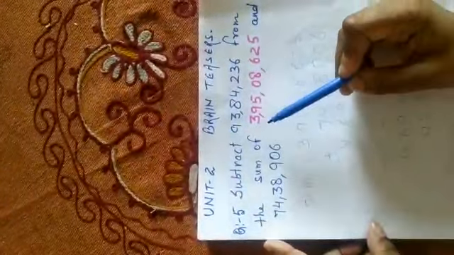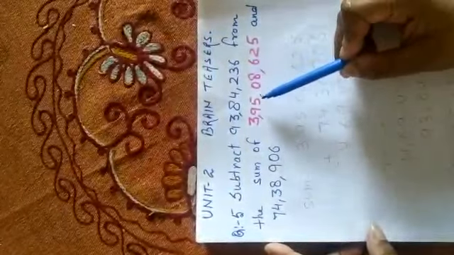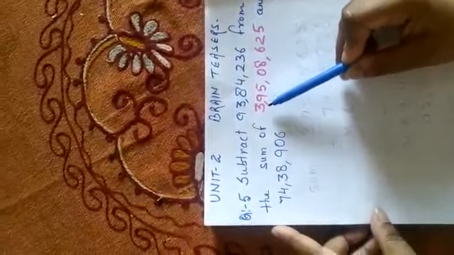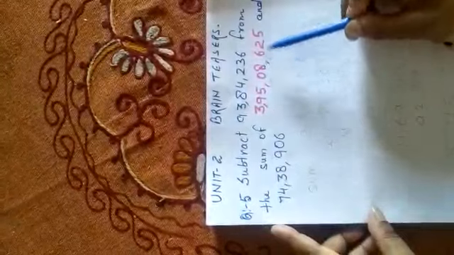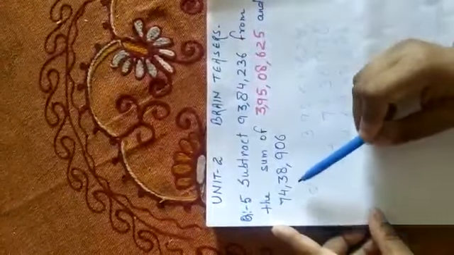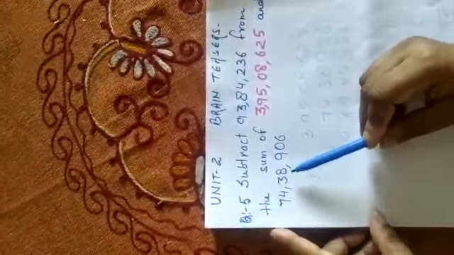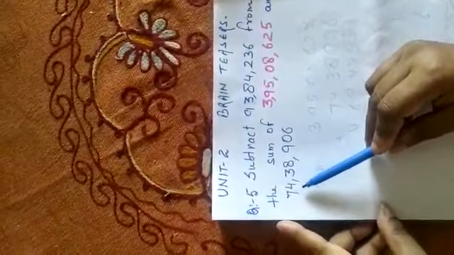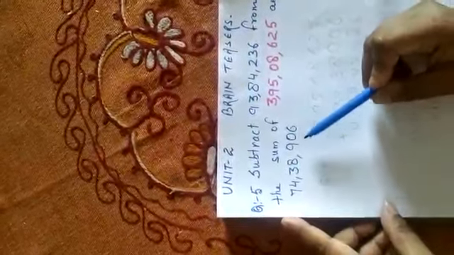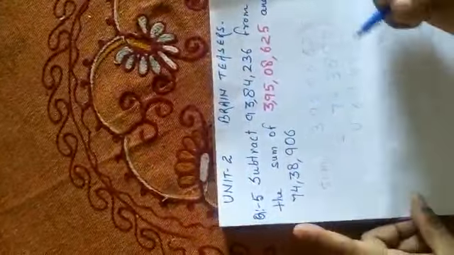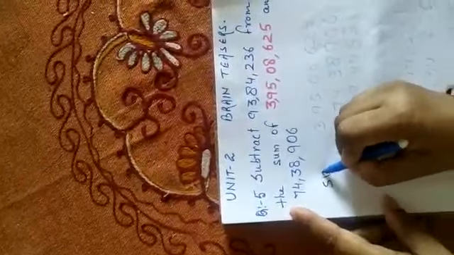So children, firstly we have to find out the sum of 3 crore 95 lakh 8,625 and 74 lakhs 38,906. So let's start to find the sum.